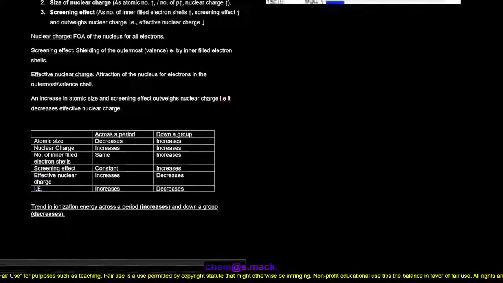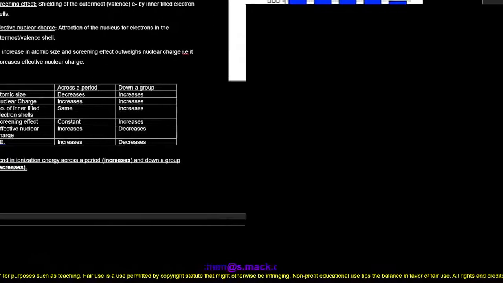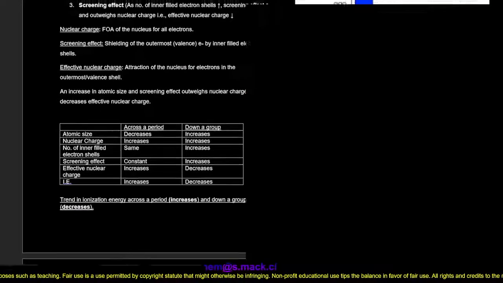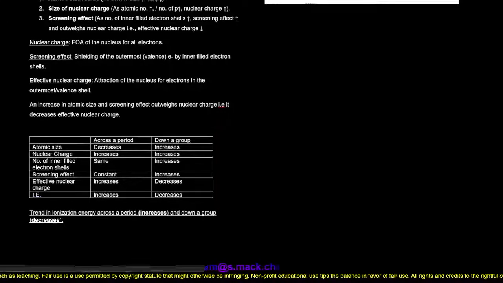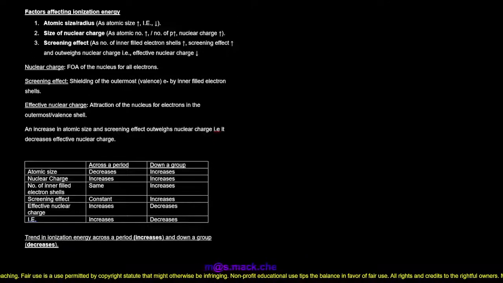Let's see what this means. I'm looking at my table and the column which says down a group. On going down a group, atomic size increases. This is an established trend. Make sure to learn it off.